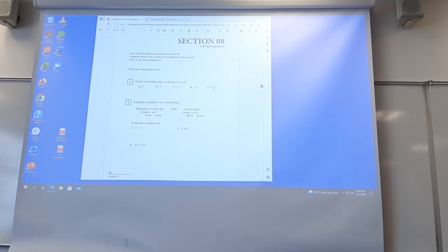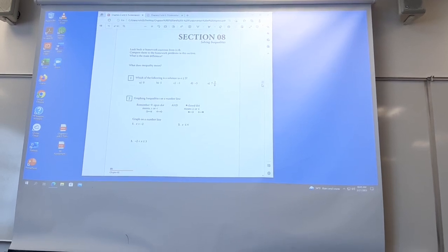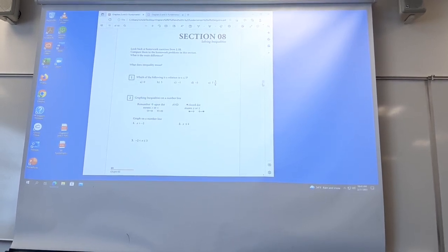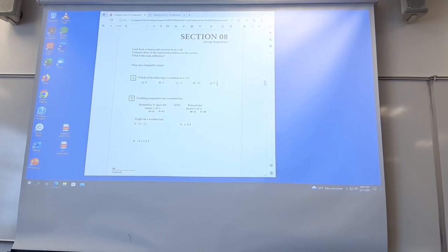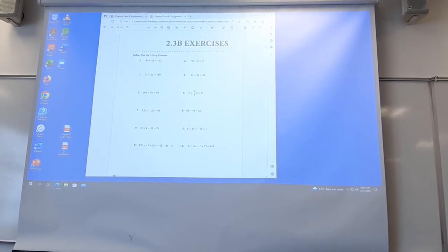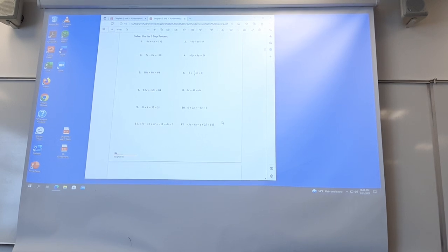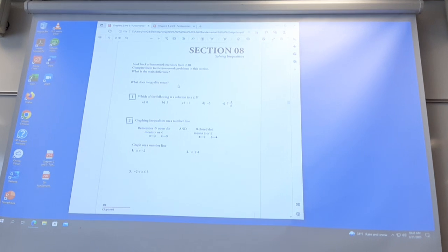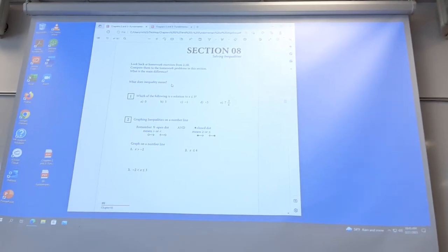All right, let's join each other on this. First thing it tells us to do is to look back at the homework exercises from 2.3b. So I want you to turn your page back to 206, but keep your hand on the current page, 252.